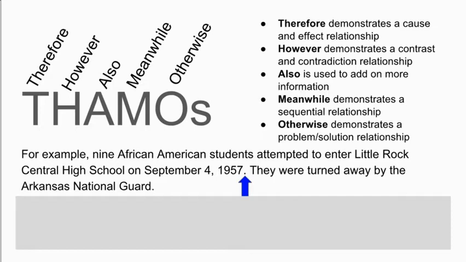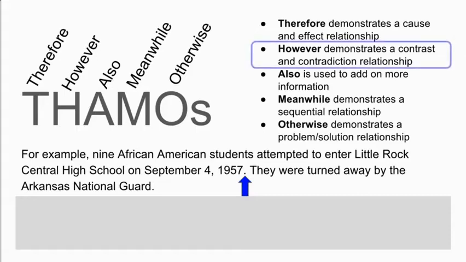But the question is, which one represents the relationship here? So I would expect when students enter a high school, they would be invited in. However, the exact opposite happened. They were turned away by the Arkansas National Guard. So once again, this demonstrates a contrast and contradiction relationship.